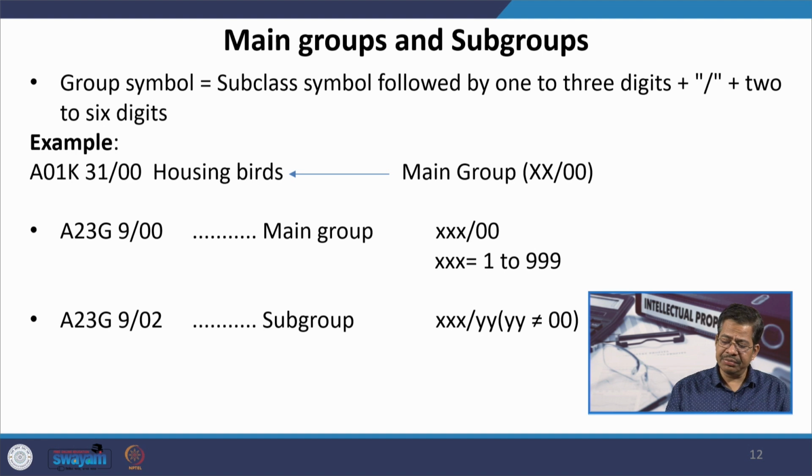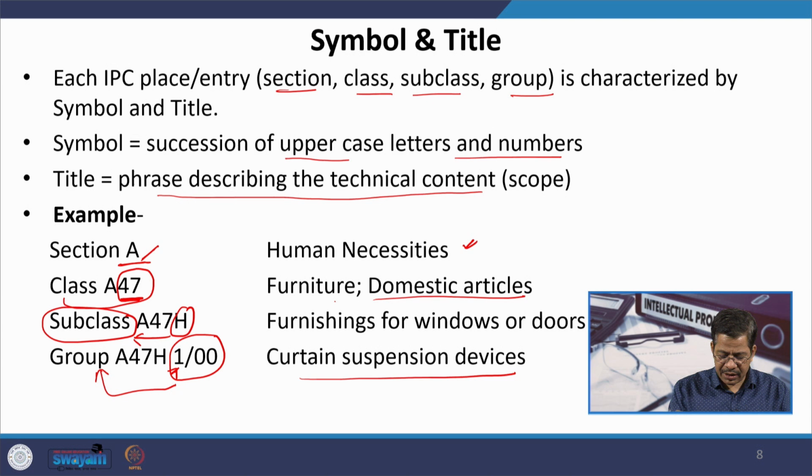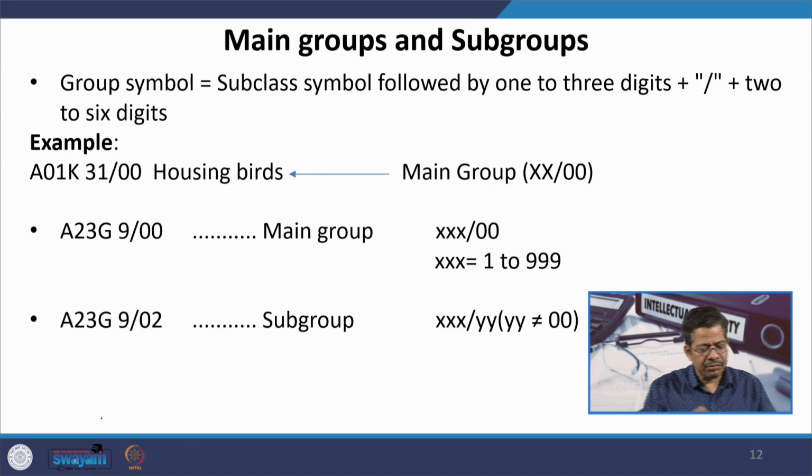After that you have main groups and subgroups. So, like in this example, this 1/00, this is group and subgroup. So, we will see that there are various examples of main groups.